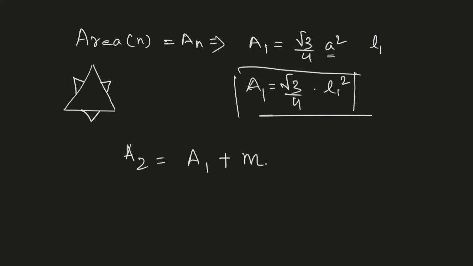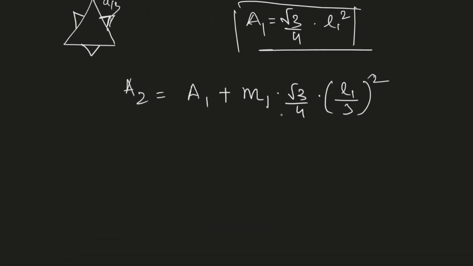So number of sides is mn, and m1 is 1. So I've multiplied by m1. m1 times root 3 by 4 a square. Now what is the a? a is a by 3 now, so it is l1 divided by 3 square. This is basically root 3 by 4 a square, but the a is now a by 3. That's why I've used l1 by 3.